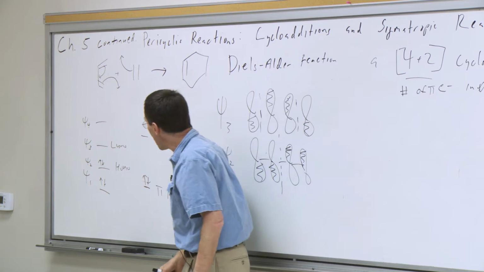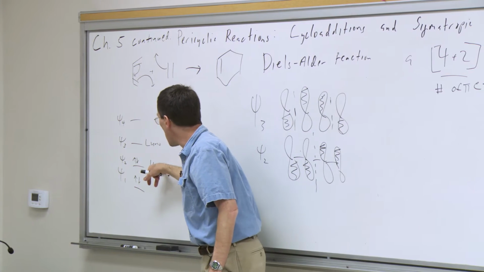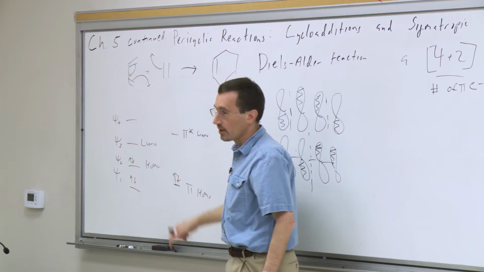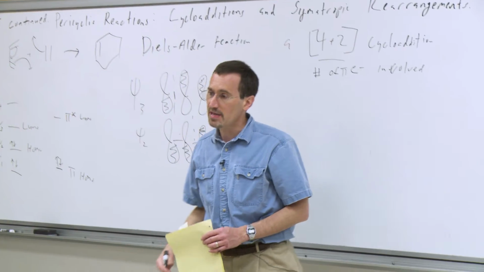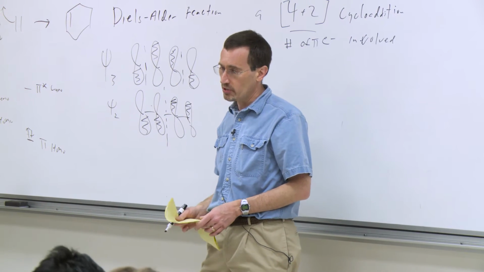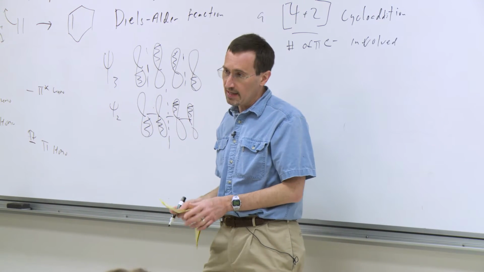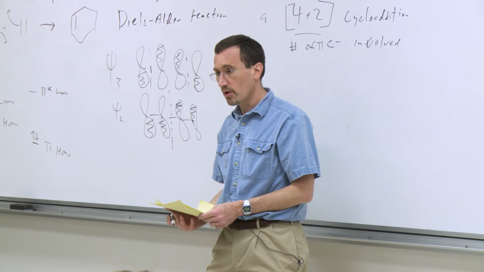So yeah, technically in most cases, the HOMO of the diene with the LUMO of the dienophile would be a more important interaction. But for looking at what's allowed, you don't need to worry about this.